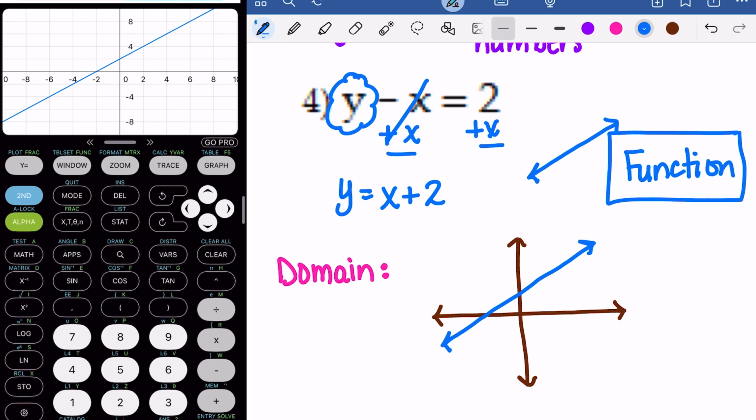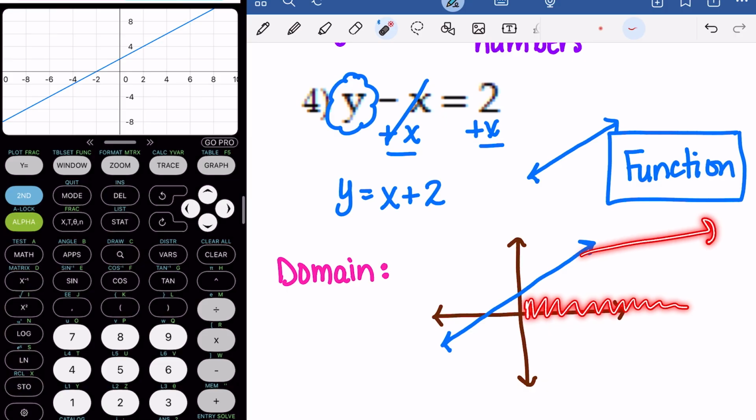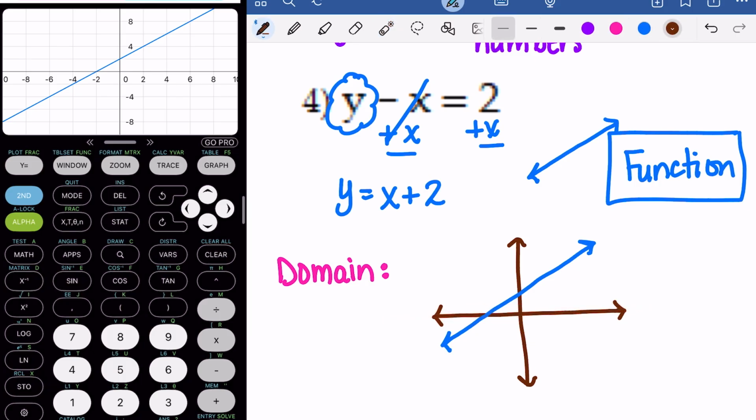All of these x's are covered, and I'm going to keep going this way forever, and then all these x's are covered, and I'm going to keep going this way forever. The x's, remember, are going to go this way. Those are my x's. And every single x is going to be included because this graph is going to go this way and it's going to go this way forever. That means that my domain is all real numbers.